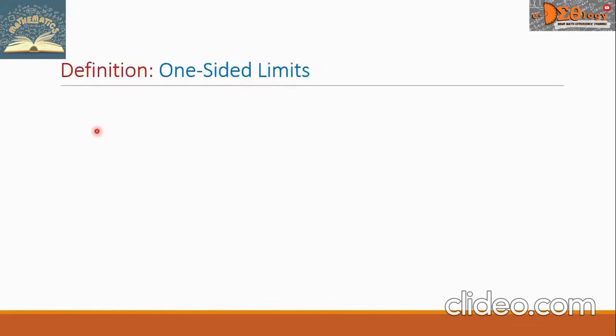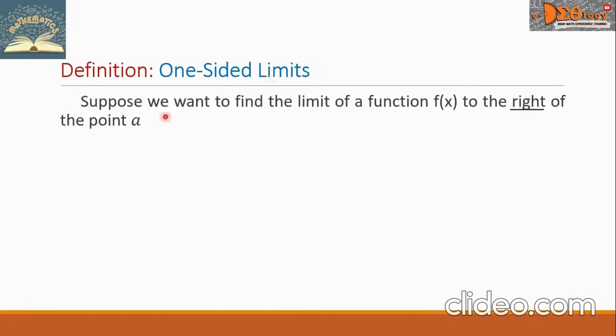Let us now define one-sided limits. Suppose we want to find the limit of a function f of x to the right of the point a. The notation is this: the limit of f of x as x approaches a, and this a will have an exponent of positive sign.